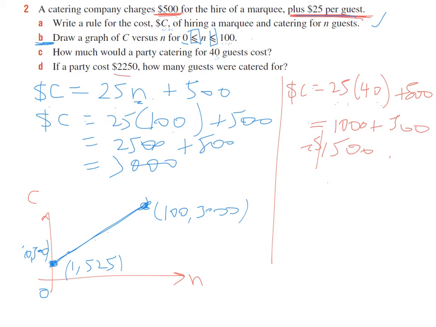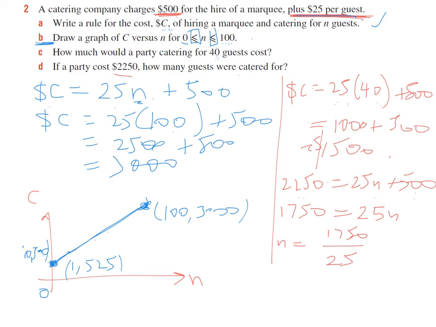If we had a budget of $2,250, how many guests can we cater for? Instead of C, we're going to write $2,250. That equals 25N plus 500, and we're going to solve for N. I'll bring this 500 over to the other side. So 2250 minus 500 gives us 1750, and that equals 25N, so N equals 1750 divided by 25.